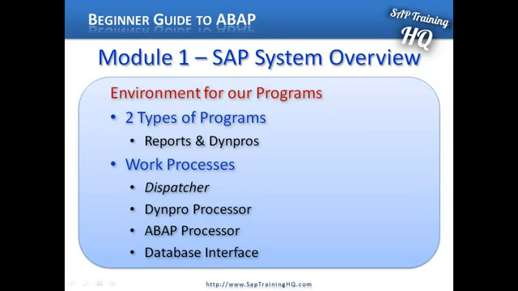It receives screen entries from the dynpro processor and transmits the screen output to our program. Now it's the ABAP processor that can perform the logical operations and arithmetical calculations in our programs. It can check authorizations and read and write to the database over the database interface.